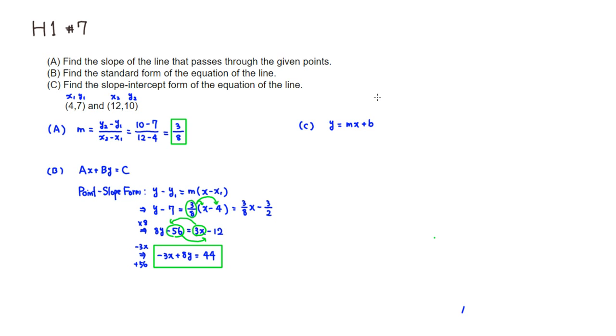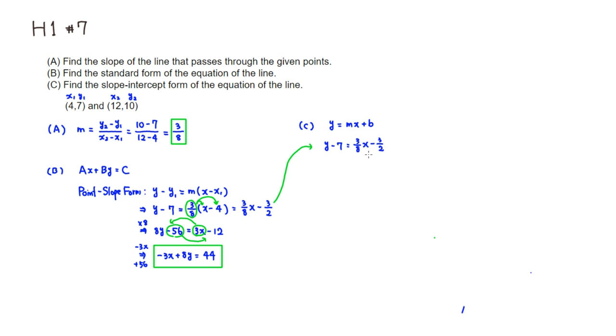I'm going to start from this one: y minus 7 is equal to 3/8 x minus 3 over 2.